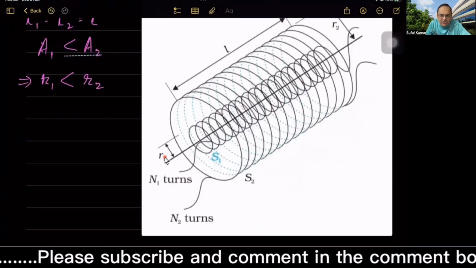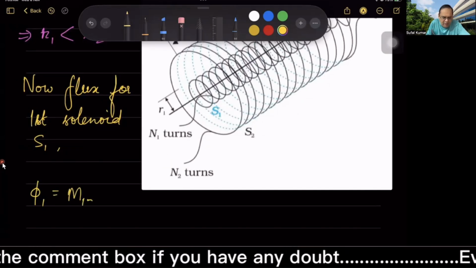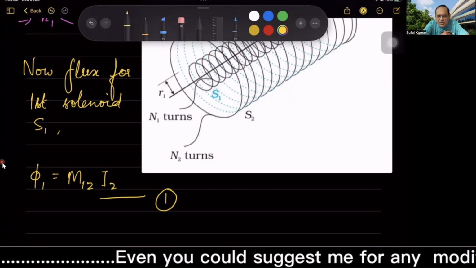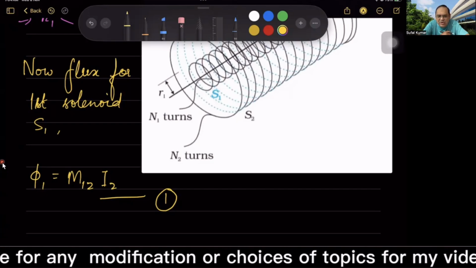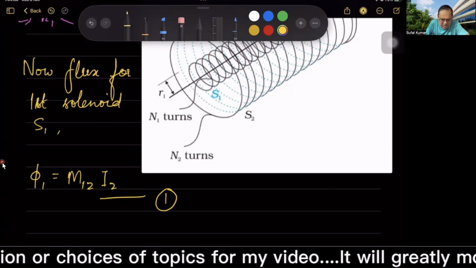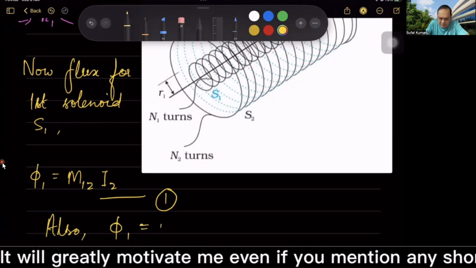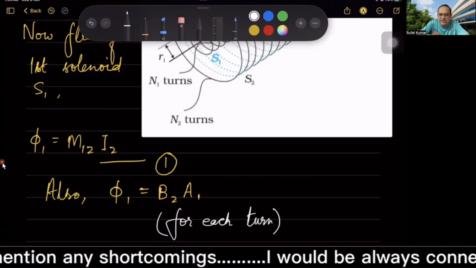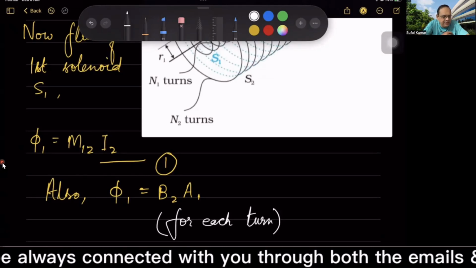Now, flux for the first coil, phi1 equals M12 I2. That means flux for the first solenoid will depend upon the second solenoid's current, that is I2. And also, phi1 is equal to B2 A1 for each turn. This is a very, very important derivation for 12 boards.